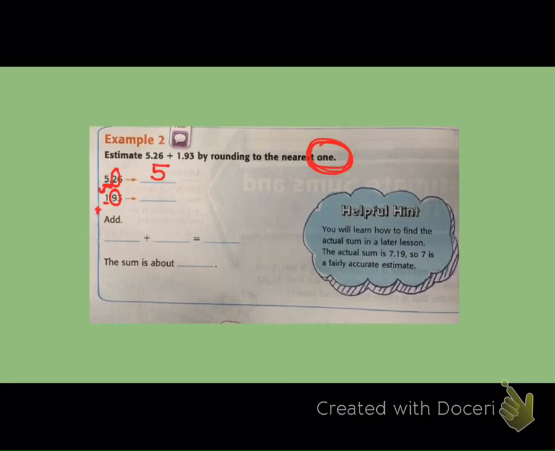Well, that's going to make it get bigger, isn't it? So that 1 is actually going to go up to a 2. So when we add 5 and 2, it is 7. The sum is about 7. That is our estimated value. When we find the exact answer, it should be about 7. Not exact, but about 7.